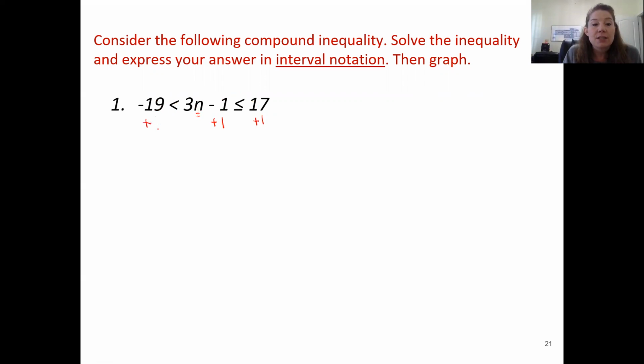All 3 sections. So -19 plus 1 is -18. Bring down our inequality just like we see it, 3n. -1 plus 1 is 0, that goes away. Bring down our inequality, and then 17 plus 1 is 18.